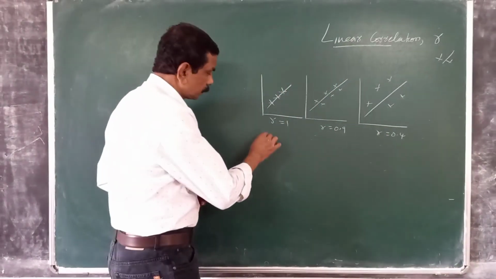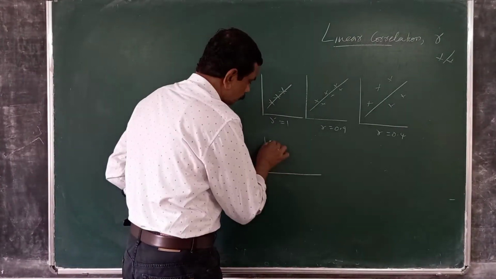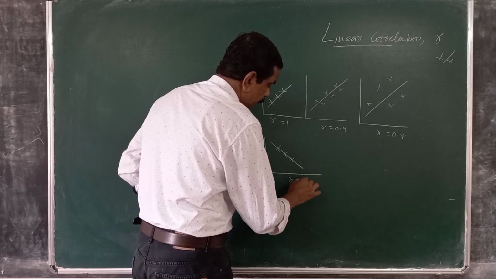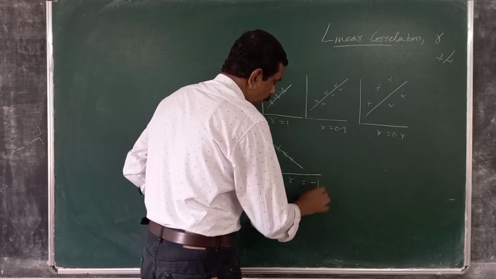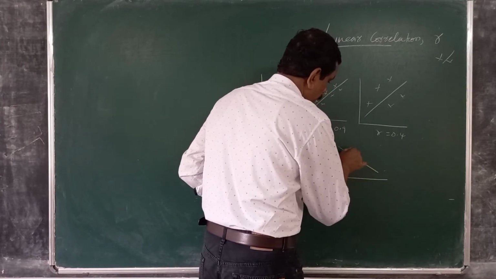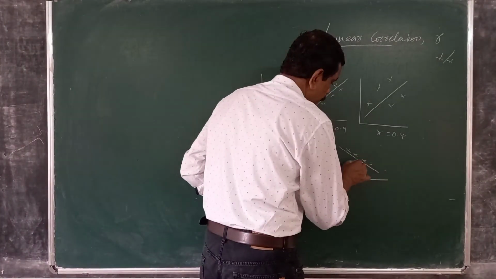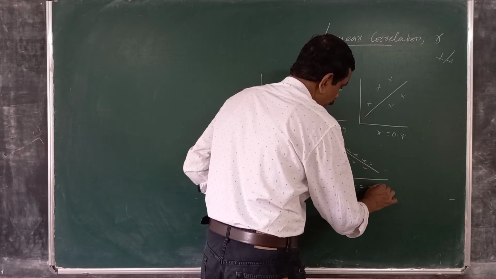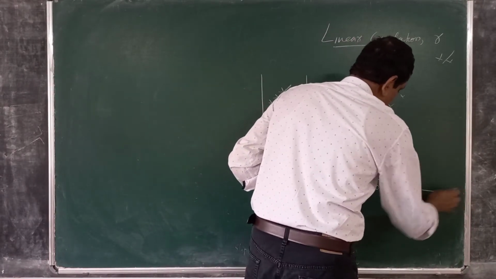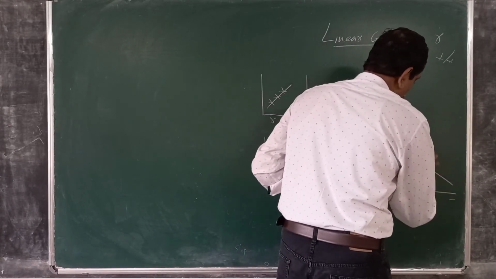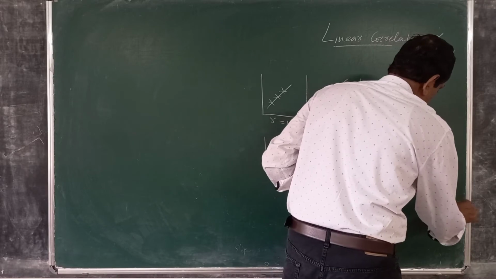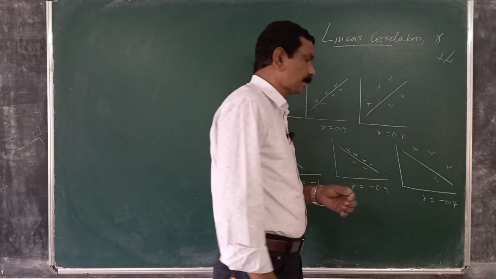Then, for a perfect negative straight line, R is equal to minus 1. Close to it, R is equal to minus 0.9. Then widely scattered, R is equal to minus 0.4. It is like this.